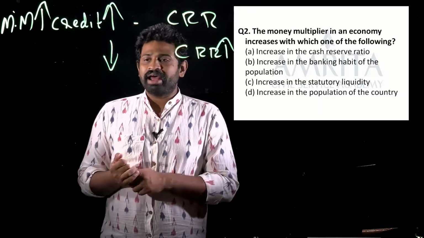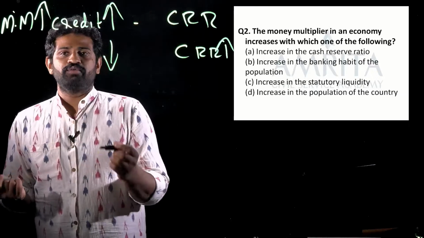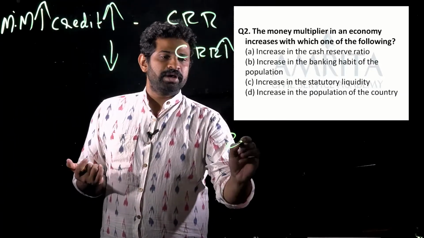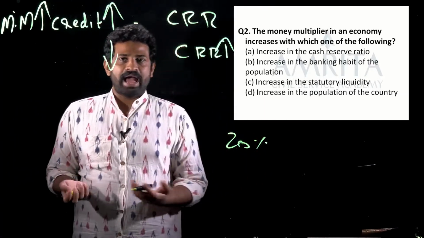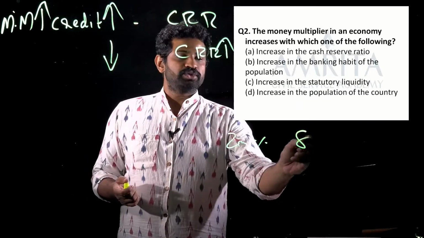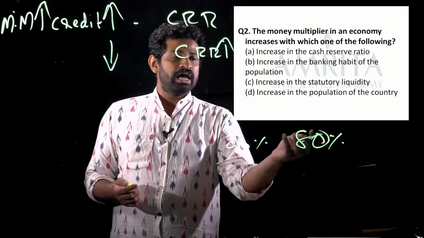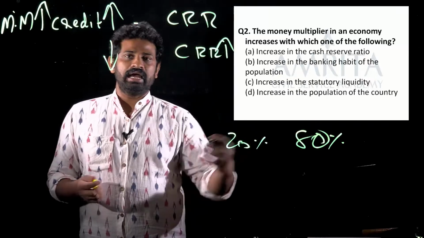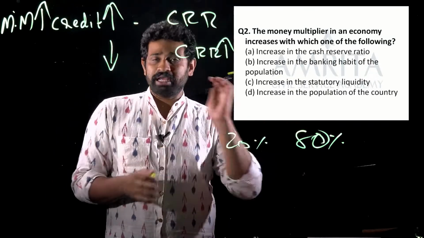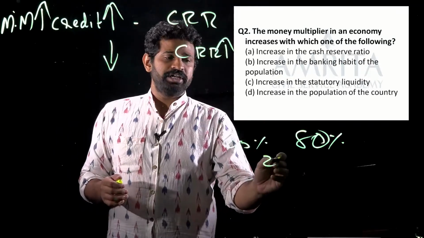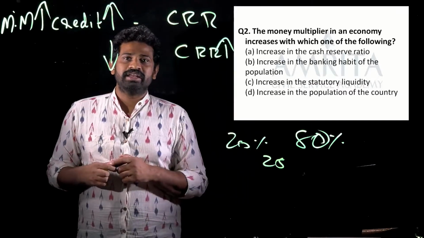So currently, assume a situation where earlier only 20% of the society had banking access. Now it increased to 80%. Out of this 60% population increase, maybe at least 20 to 25 would start depositing in the banks, right?